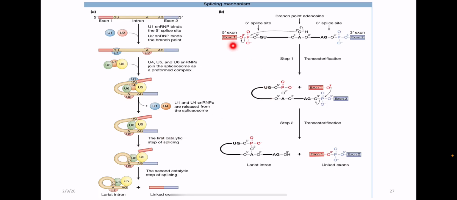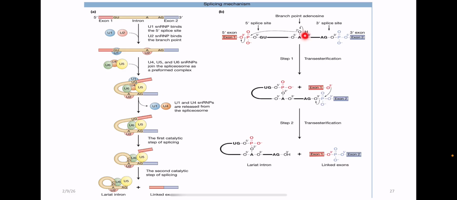The exon over here with its O comes to the acceptor site. Using its O, because it is reactive, it will cleave the other phosphate group at the other exon end and bind with the other exon. So exon 1 and exon 2 will be joined together, and now you realize you have only 1 O here.